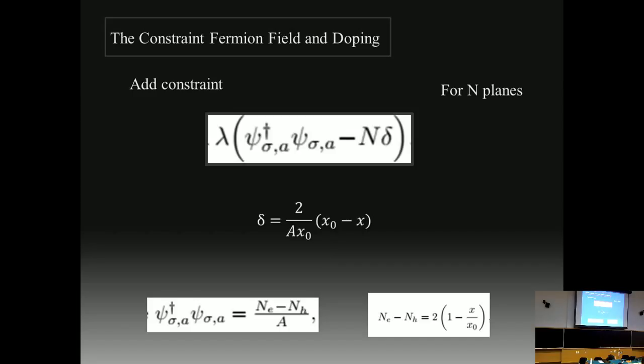The charge density is constrained to be equal to that expression that we obtained for the net charge per site. So we introduce this as a constraint. Lambda here is a Lagrange multiplier field over which, if we integrate over lambda, we get a delta function. So we impose that the net charge associated to the holes is given by this.